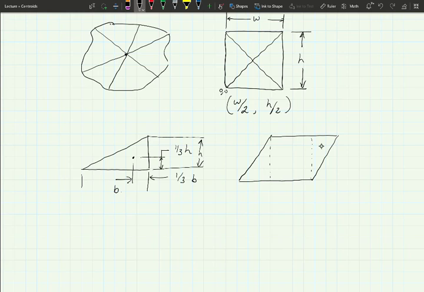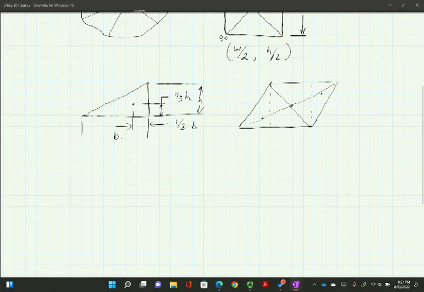So we know we'd have a centroid there, and we'd have a centroid there, and we get a centroid there. So when you add all these shapes up in their centroids, you're going to find out that it's probably right there. And we're going to talk about that in the next video, so that you get some understanding of how to create different shapes and find these things. But it's really easy. So let's pick one with some numbers here for a minute.